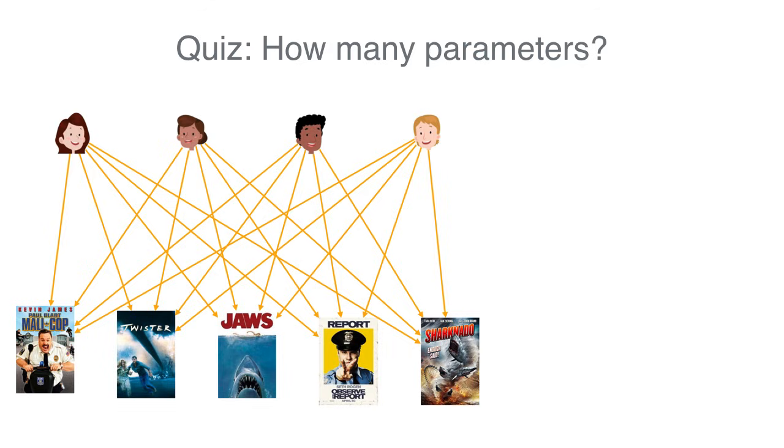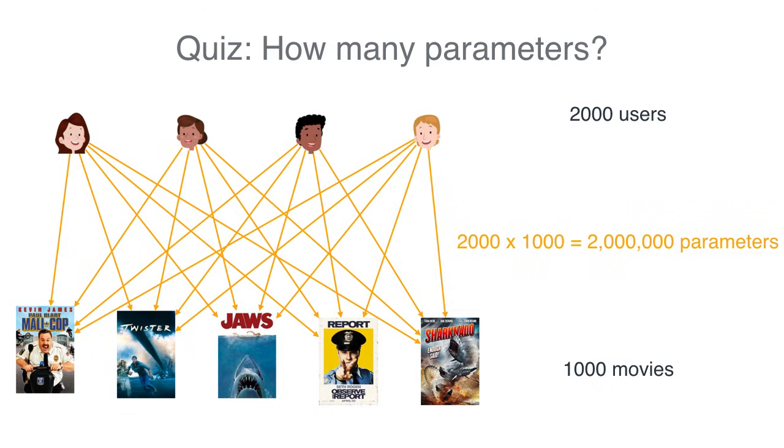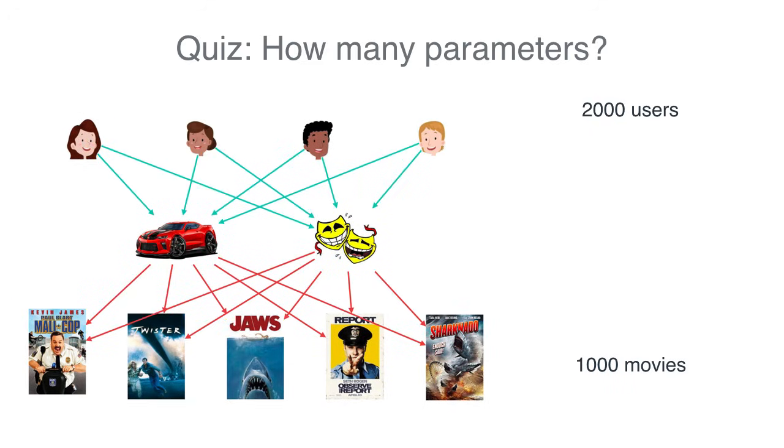But if we think about it, if we had 2,000 users and 1,000 movies, then we had 2 million parameters. This is the same calculation we did before, 2,000 times 1,000 parameters. And if we were to split it between users features and feature movies, and we had, say, 100 features and still 2,000 users and 1,000 movies, then in the top, the green edges, there are 200,000 of these because it's 2,000 users times 100 features.